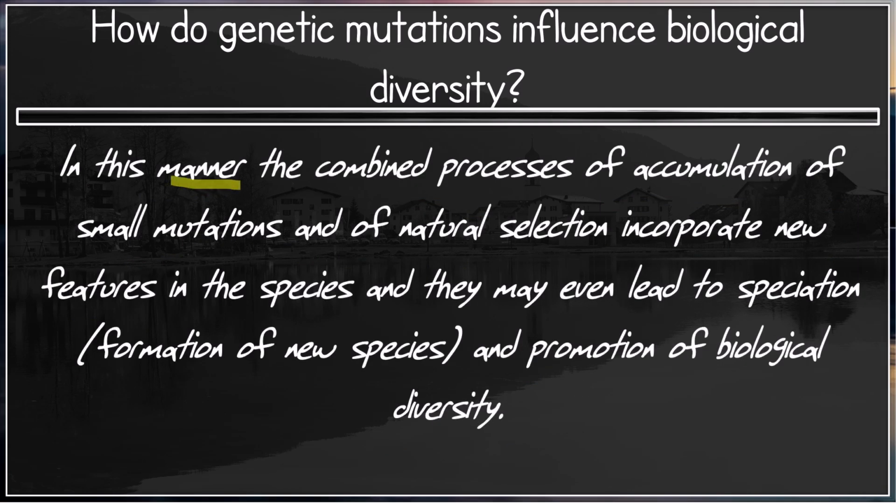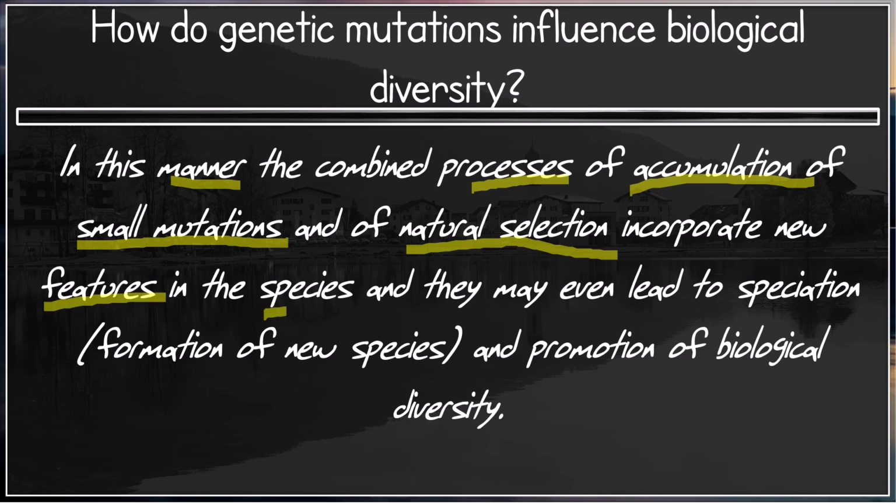In this manner, the combined processes of accumulation of small mutations and natural selection incorporate new features in the species, and they may even lead to speciation, formation of new species, and promotion of biological diversity.